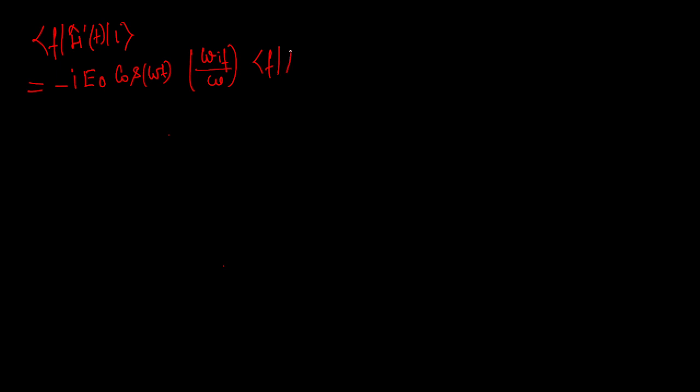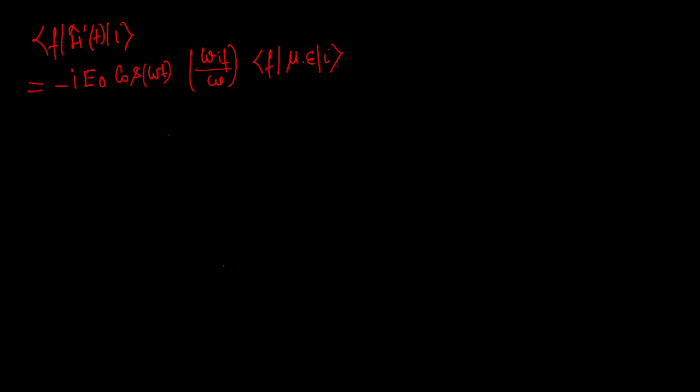So going into much more detail, this value is coming like cos omega t, omega_fi by omega, into mu into e into I. Okay, so this is the value of your H'(t).